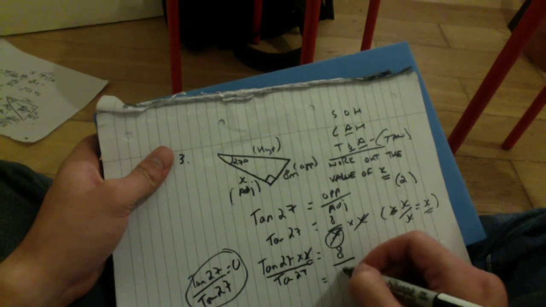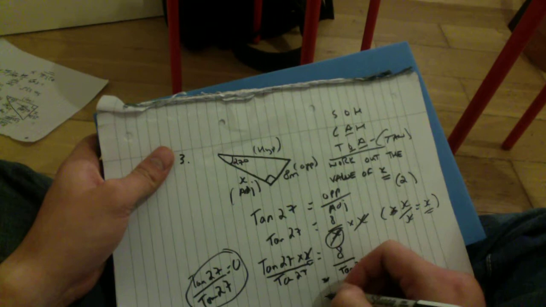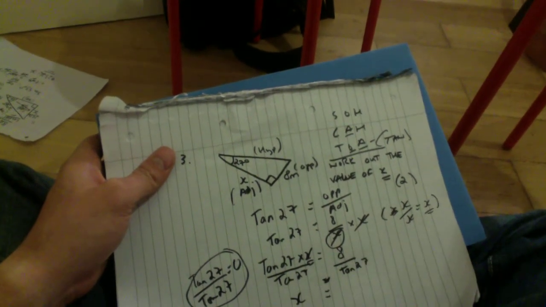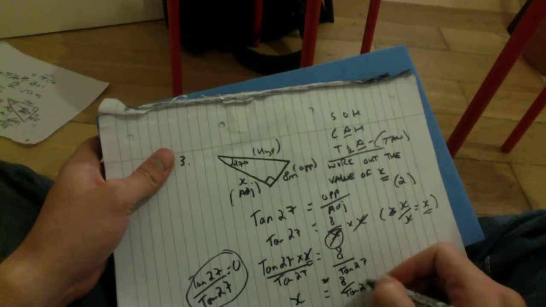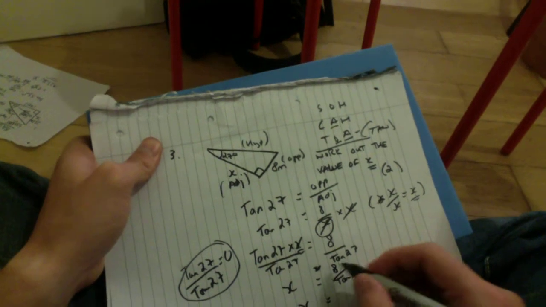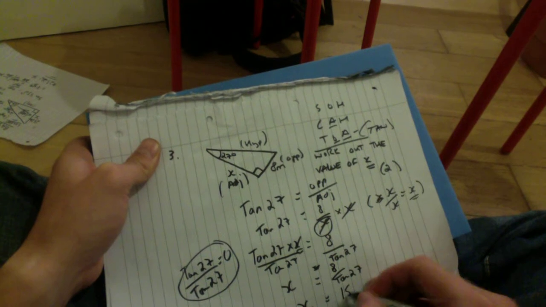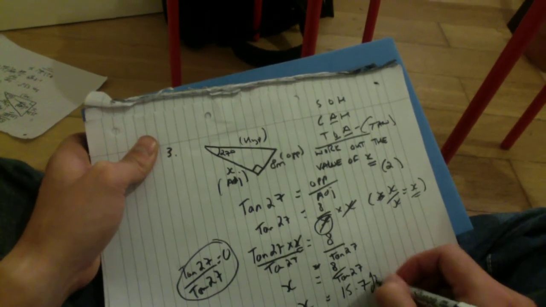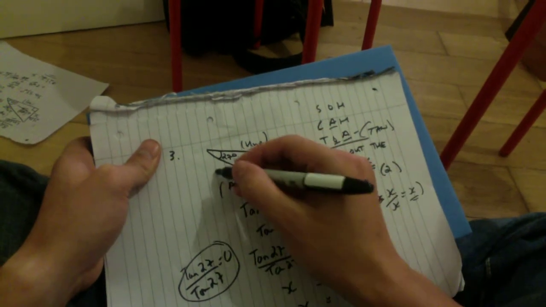So 8 over tan 27. So all we should have is x equals 8 over tan 27. You put that through, 8 divided by tan 27 is 15.7 feet, I think, or meters. I think this is the thing here, 15.7.